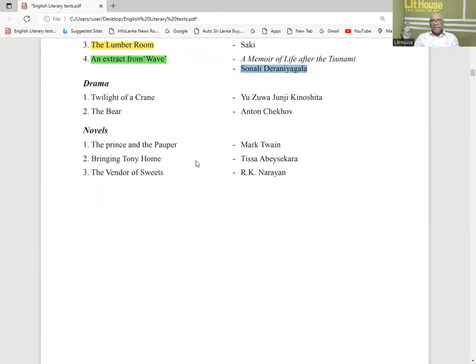Then the drama area. Drama or plays, P-L-A-Y-S, plays. Natya. Twilight of a Crane. The dramatist, D-R-A-M-A-T-I-S-T, dramatist or playwright, P-L-A-Y-W-R-I-G-H-T, Natya Rachakya.